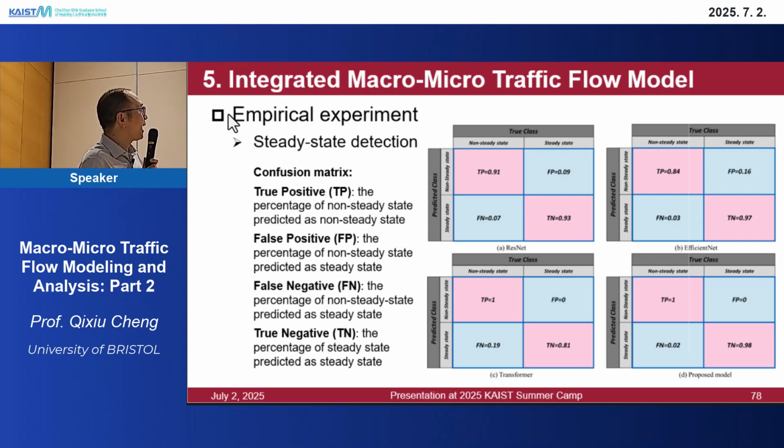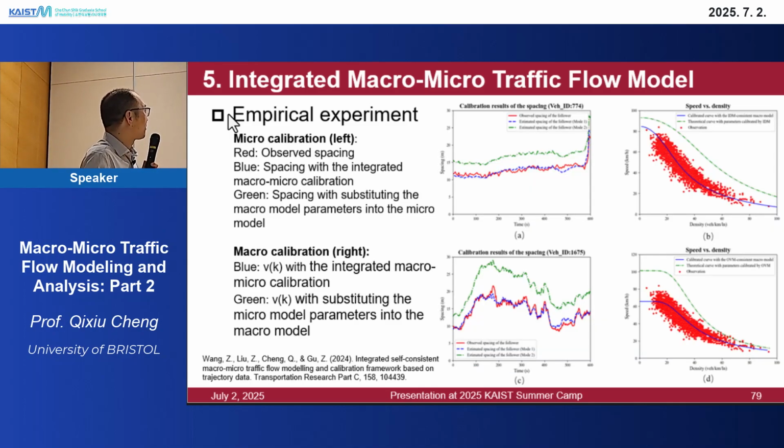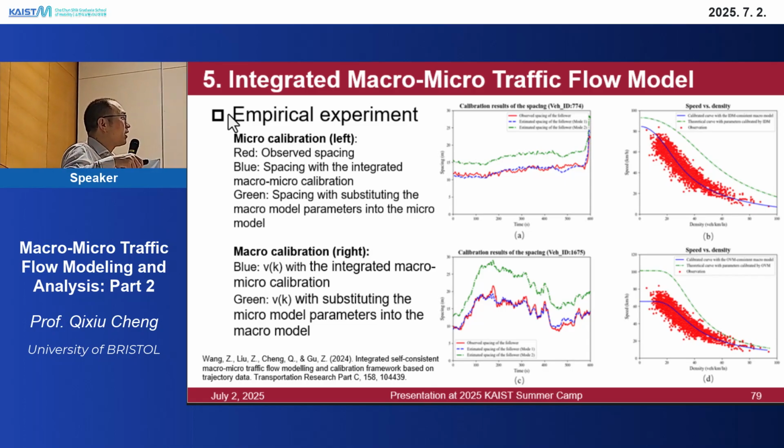And if we look at the EfficientNet and also the transformer, the performance may be good in true positive, but not very good for the true negative. But if we look at our proposed method, both the true positive and true negative are very high and much better than the other 3 models. This is very interesting.